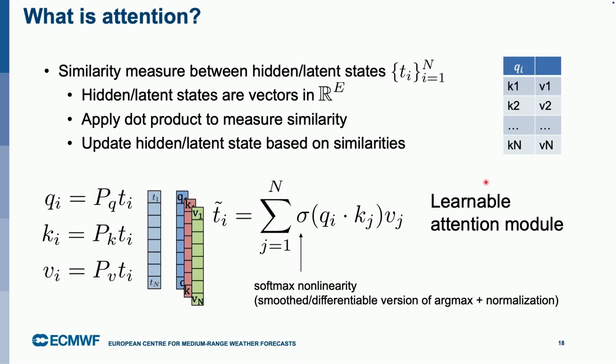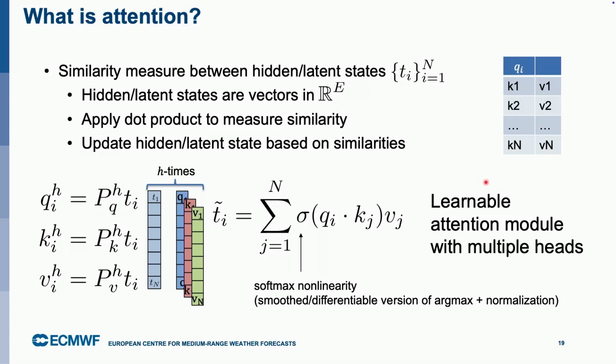So this is our learnable attention module, and it's getting a bit more complicated because we don't have this learnable attention module only once, but we have it h times. We have multiple heads, and each of these heads implements its own learnable attention mechanism.